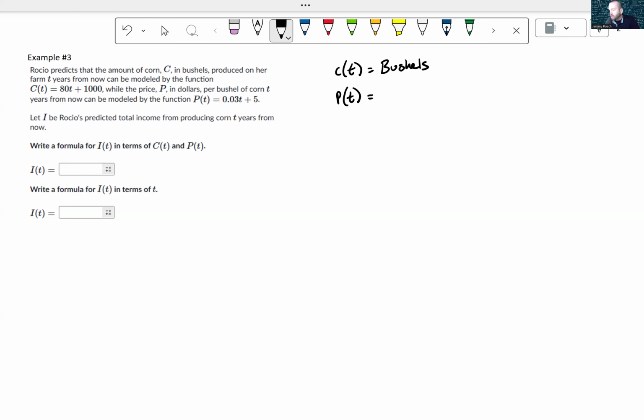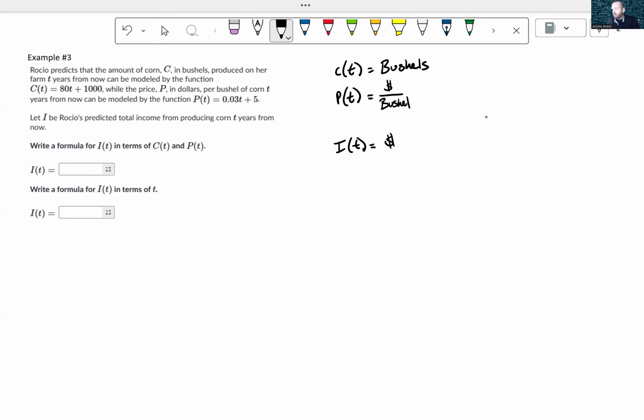I'm just going to write it like dollars per bushel. And then I of t is the total income, so we can just say this is the total dollars for I of t.